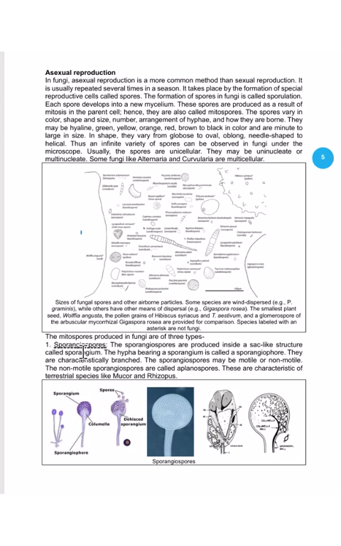The first type we call sporangiospores, and these are produced inside a sac-like structure called sporangium, which we've already talked about before. As you can see here, this sporangium is carried by sporangiophores, and these are usually branched.